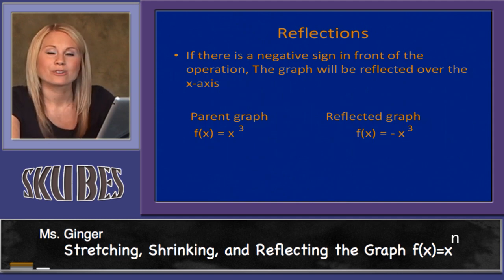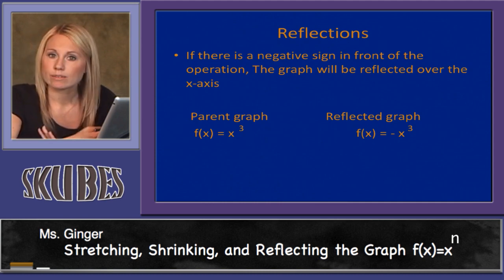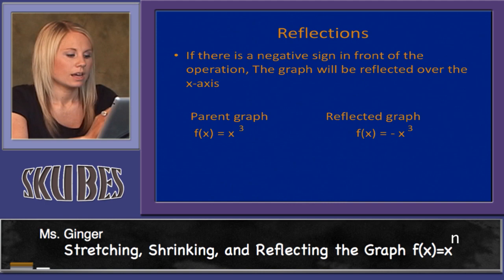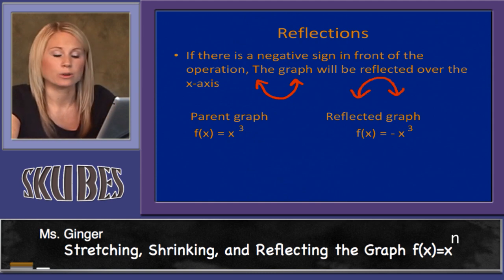All right, we talked about earlier that a negative in front causes reflections around the x-axis. For an even powered function, let's take a look at evens up here. If it's starting off in the upward direction and it's been reflected, it's going to be flipped downward.